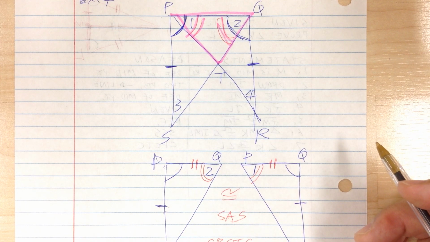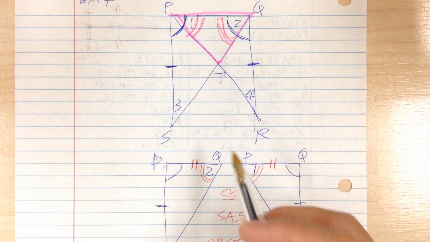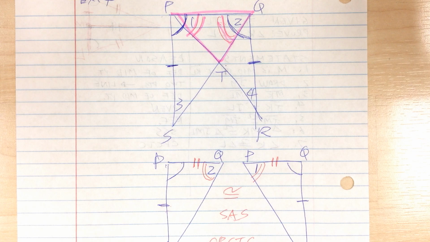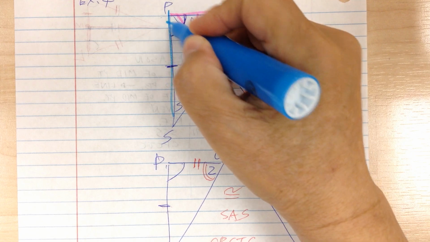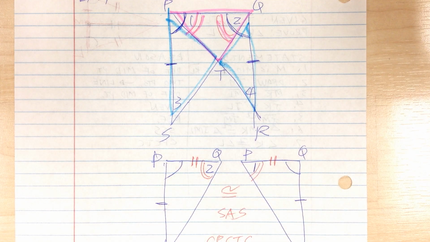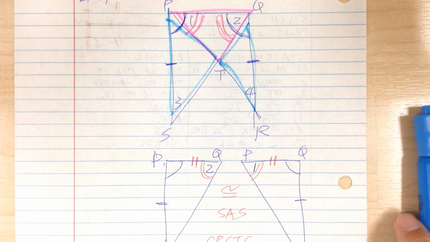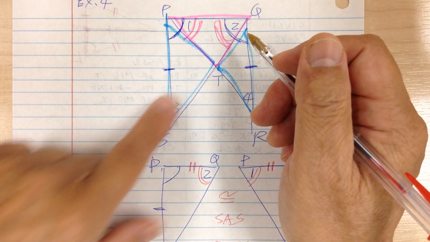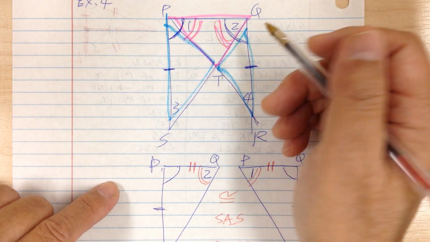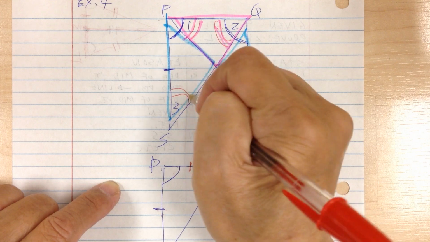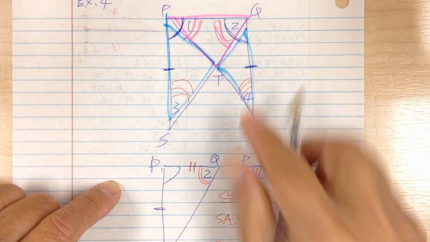And it shows triangle PTS. So now you have to show that triangle PTS is congruent to QTR. In this case, you can use CPCTC again. Notice that angle 3 and angle 4 are congruent.